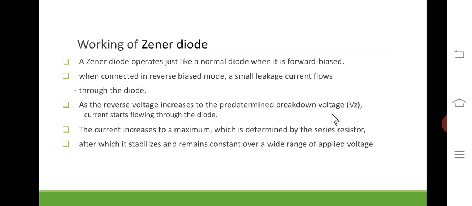This critical value is called the breakdown voltage.